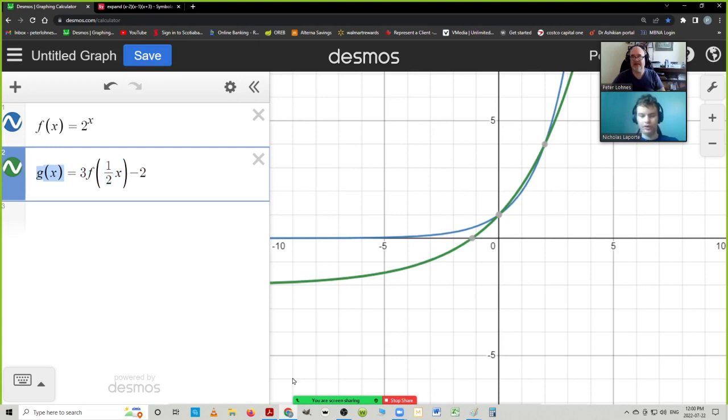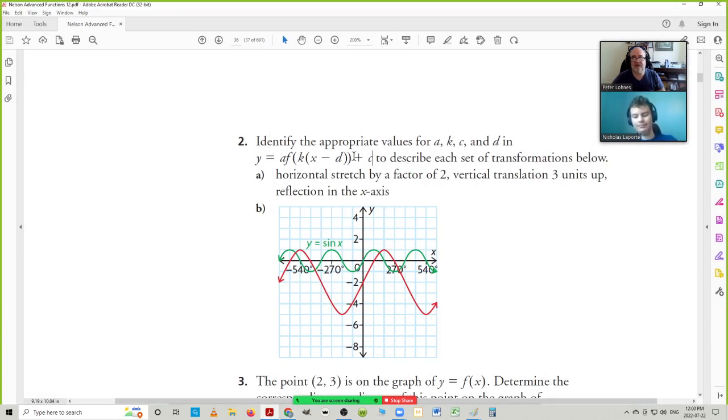Does that make sense? Yes. And that's what you'll see all the time. There's no sine in there, but there is an f. That's saying take the function f of x, apply these transformations and call it a new graph. In this case, they got lazy and called it y, but you'll also often see g of x, or a new function.